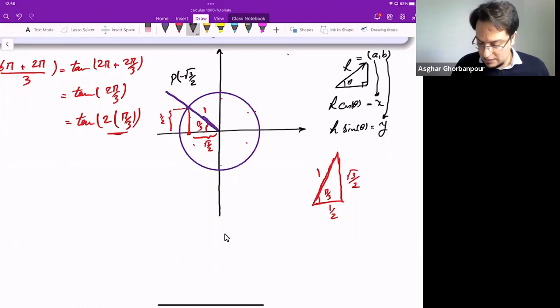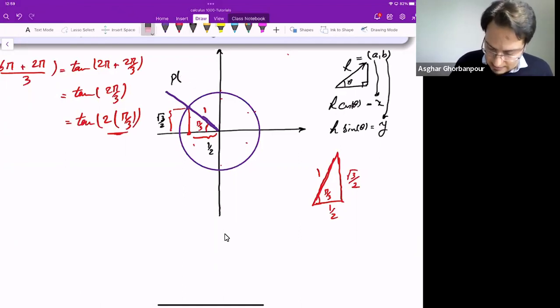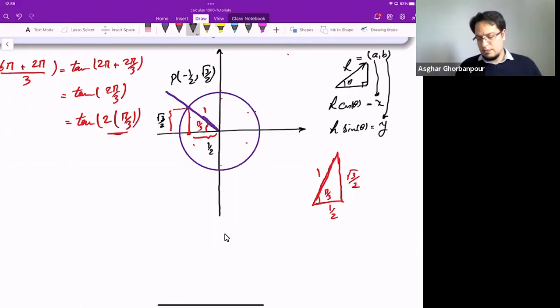Oh, I did make a mistake here. I put the wrong numbers. Okay, this is half. This is root 3 over 2. X is then negative half, and y is root 3 over 2. I hope so. Oh, I have questions.